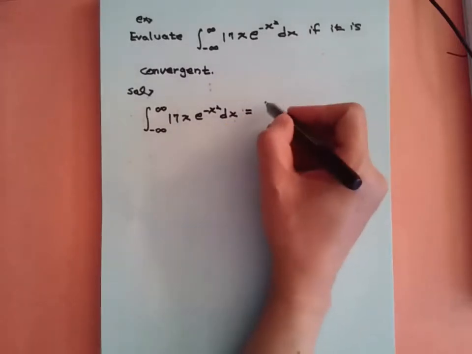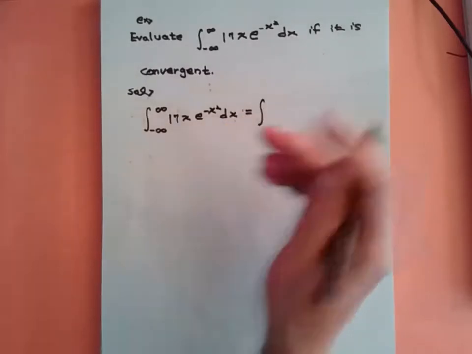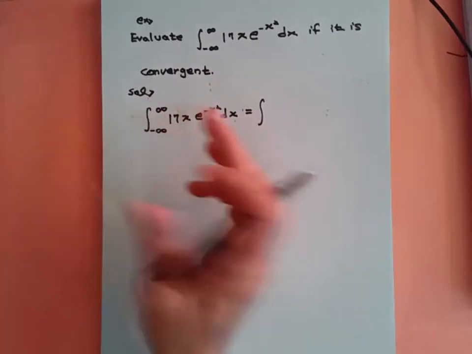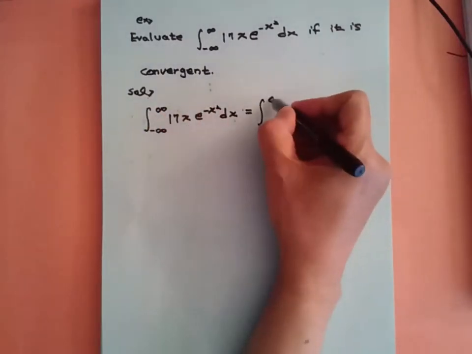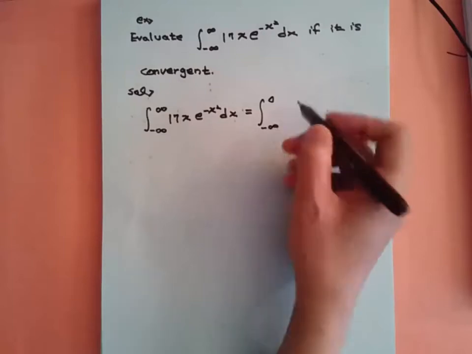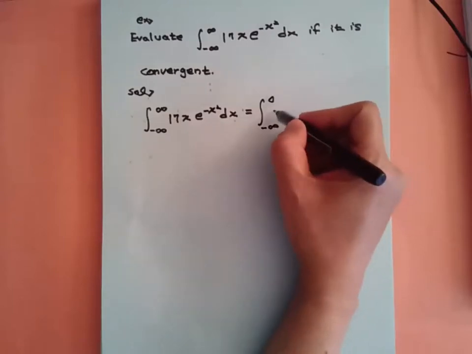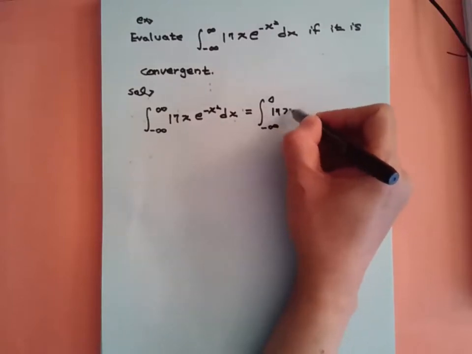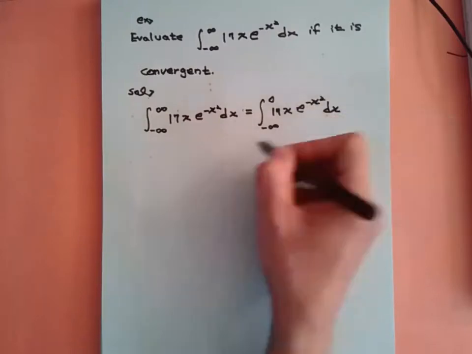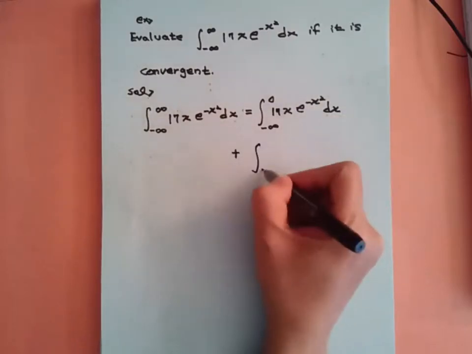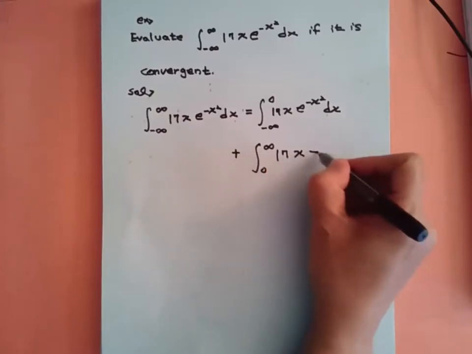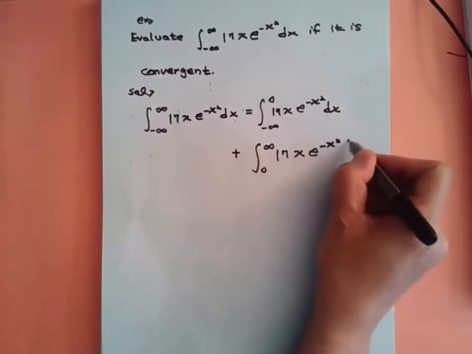You can break it down anywhere, any number, but 0 seems to be convenient, so I will break it at 0. So minus infinity to 0 of 17x e to the minus x squared dx, plus the integral from 0 to infinity of 17x e to the minus x squared dx.